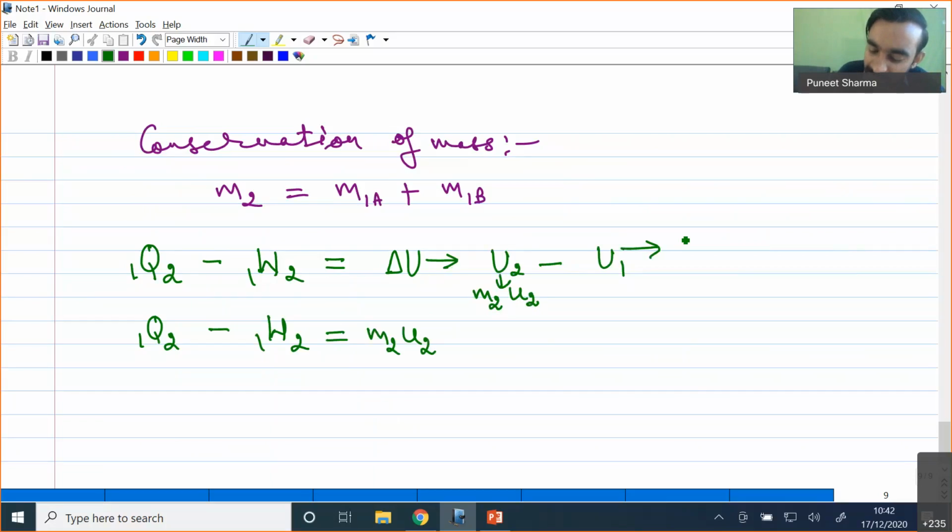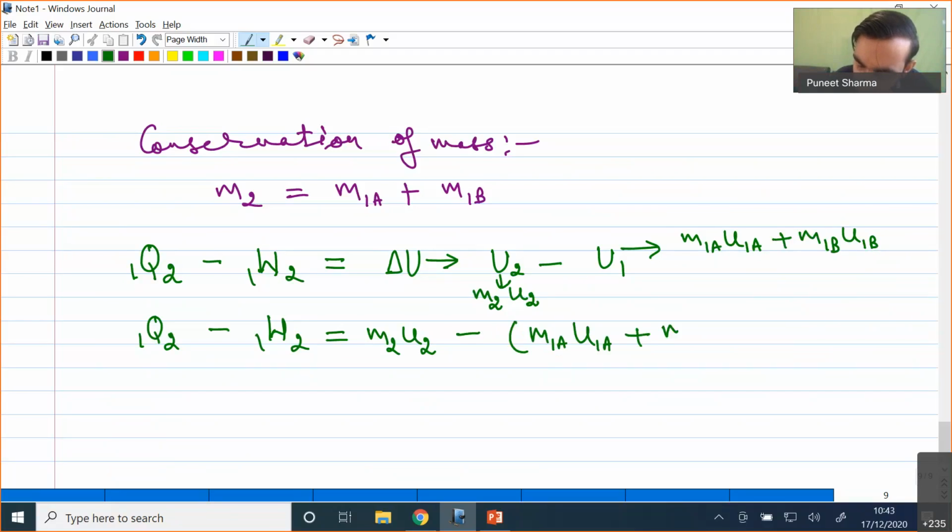U1 was nothing but M1A into u1A, the initial internal energy content of the first container, plus M1B into u1B, the initial energy content of the second system. So I can simply write M2u2 minus M1A into u1A plus M1B into u1B.